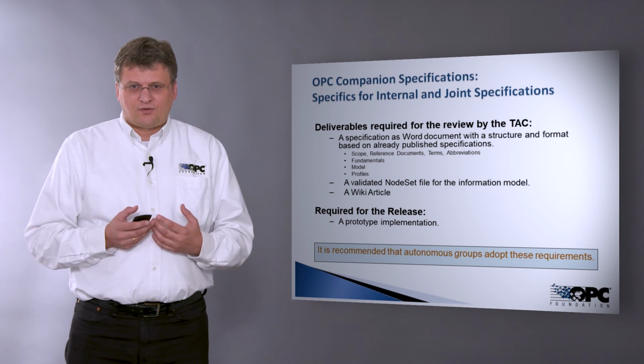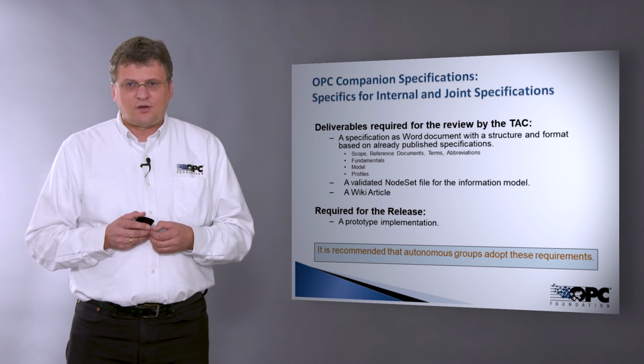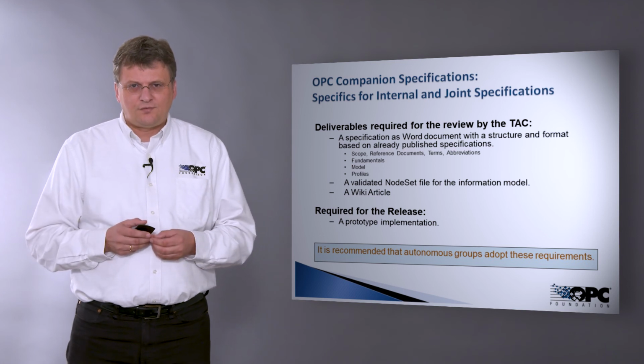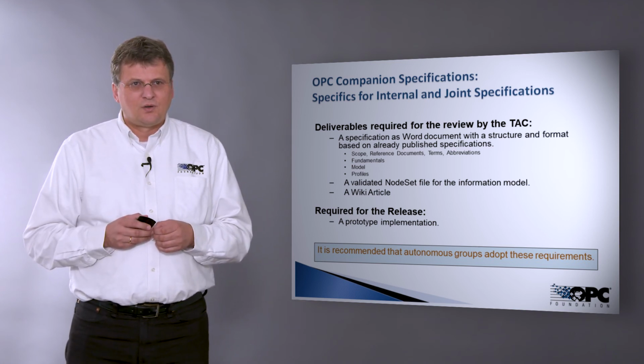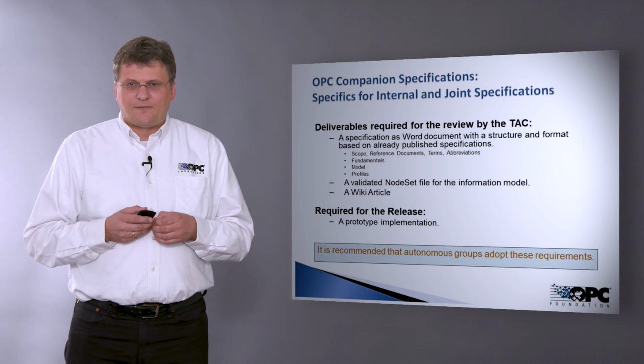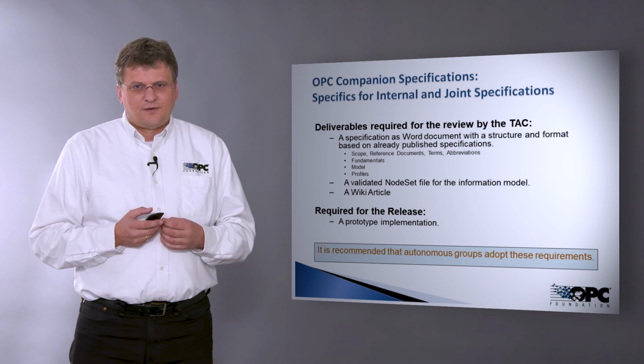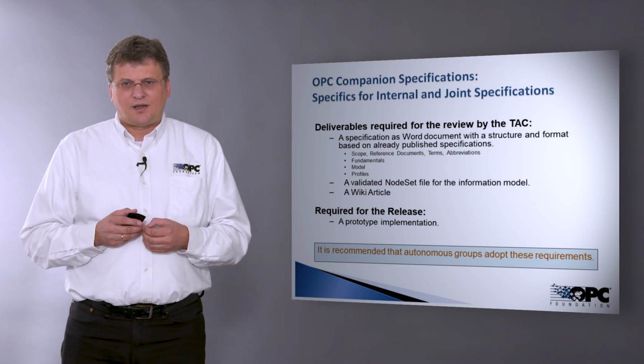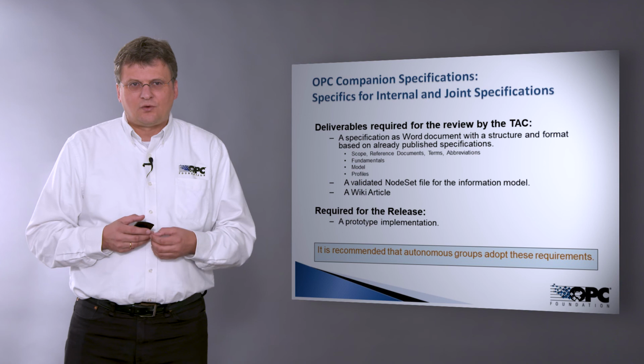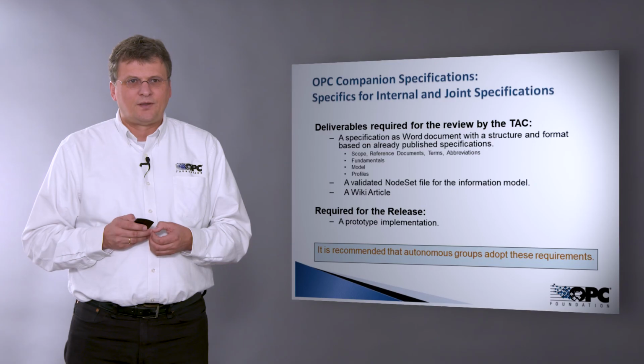The result, which is given back to the Technical Advisory Council, is the documentation itself, the companion specification with the scope, the fundamentals, the profiles, but we also want to have a node set. This is exactly how the namespace is built up, so that others can immediately download this and have a quicker ramp-up. And then we also ask for help on technical articles on our wiki platform, so that it's easier to really get the basics and have a better understanding quickly.